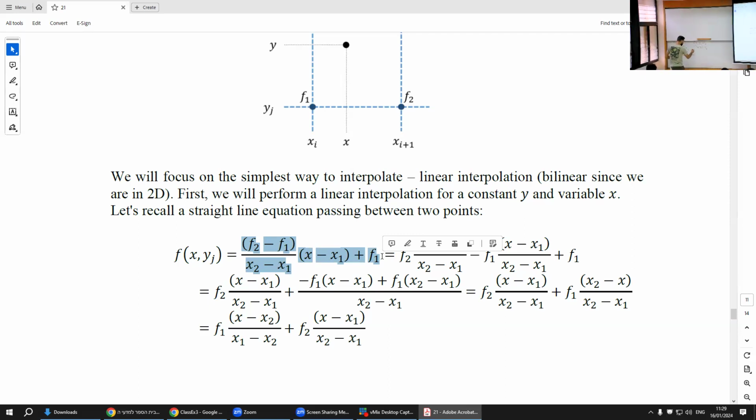And now, from these two, I will get another interpolation function at y2, which is f of x at y2 minus f4 equals f3 minus f4 over x2 minus x1, times x minus x1.